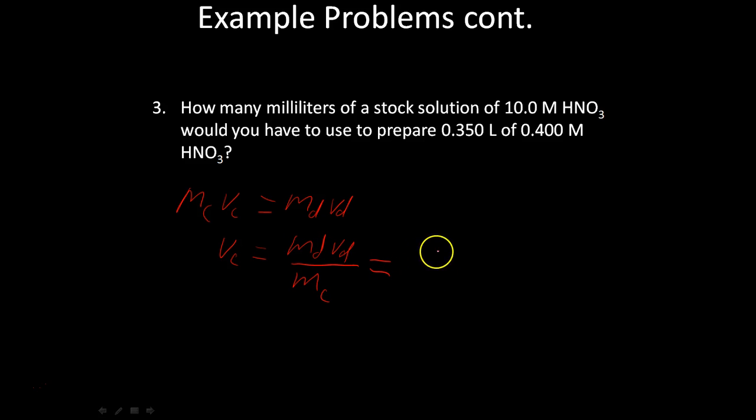Here we go. Our diluted solution is 0.0400 molar, and then we're going to do 0.350 liters divided by 10.0 molar. Notice our big M's will cancel. We'll be in units of liters.